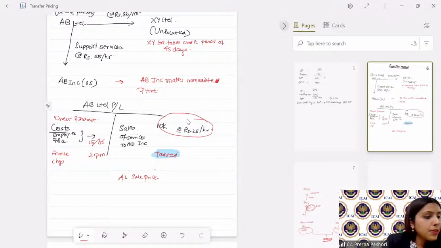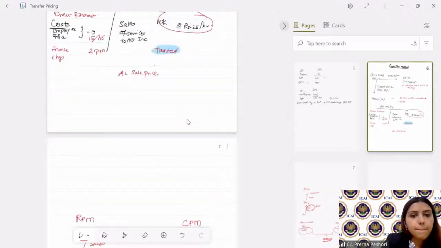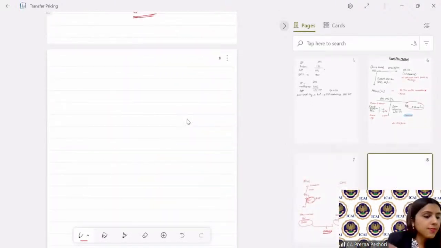So what will happen here is, let's try and understand how we will start the CPM method.